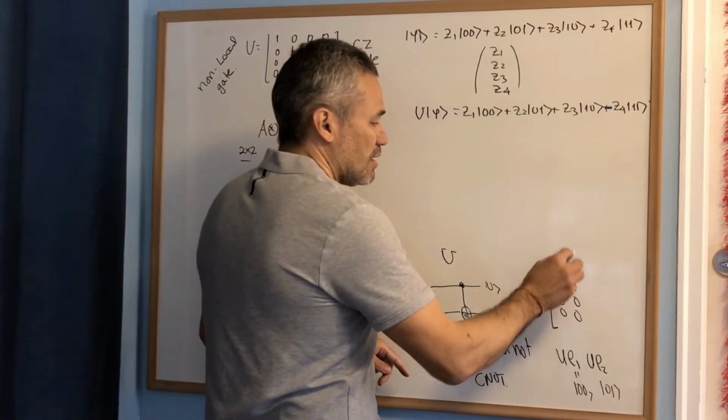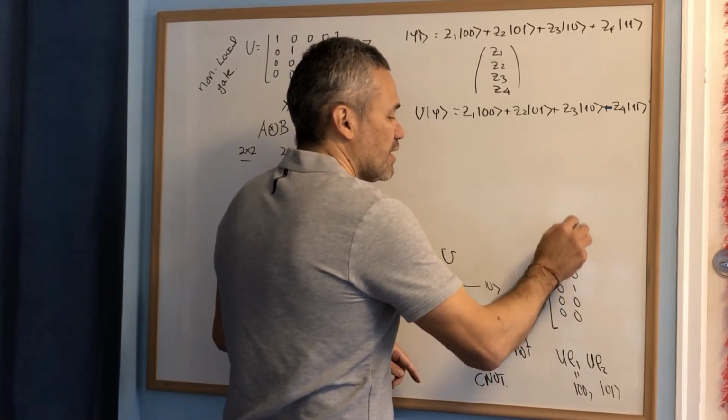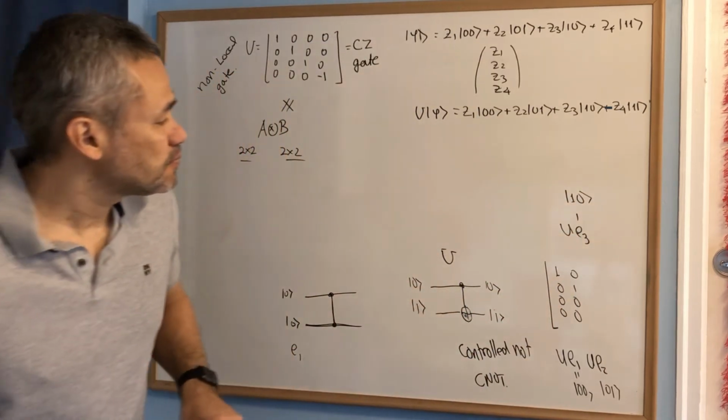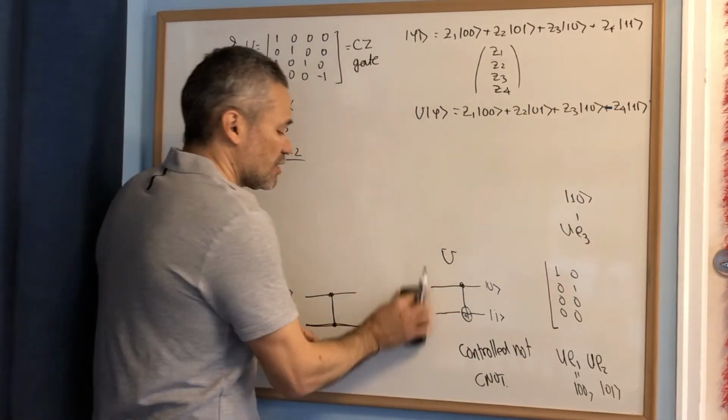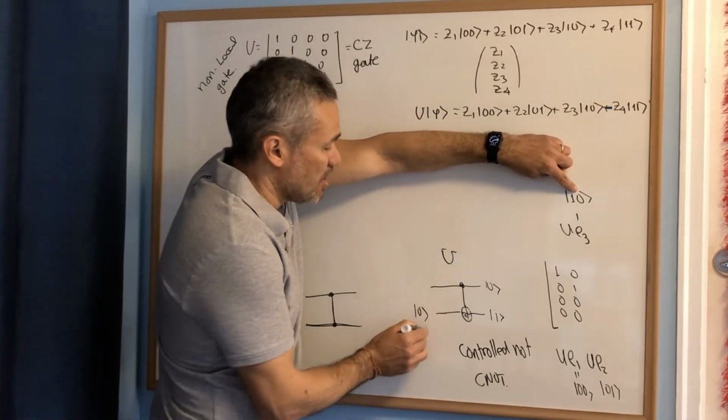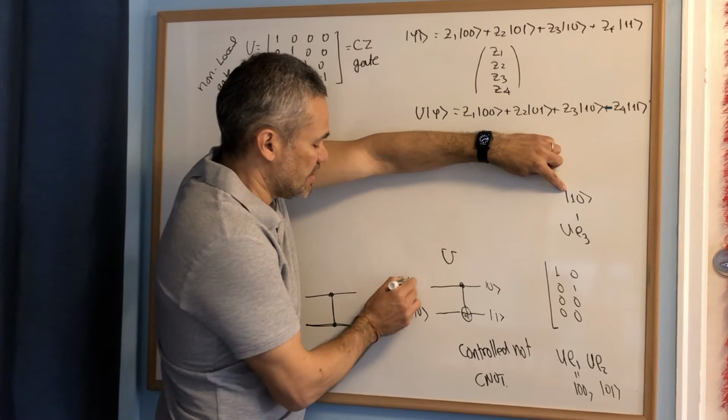Now let's see U of E3. E3 is this state. That means that qubit 1 is in state 0, and qubit 2 is in state 1.